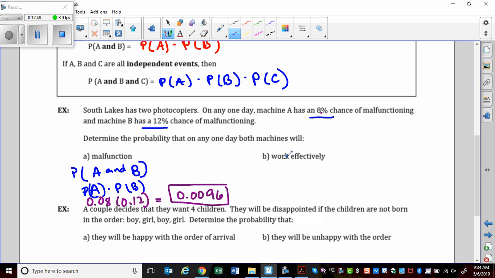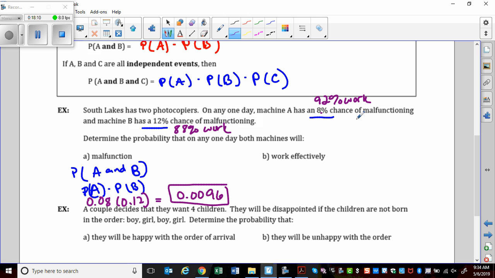Now, both working effectively. Well, if there's an 8% chance that A is going to malfunction, then that means there's a 92% chance that it's going to work, right? And if there's a 12% chance that B is going to malfunction, then there's an 88% chance that it's going to work.